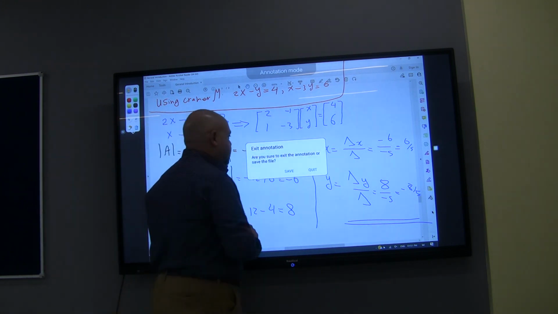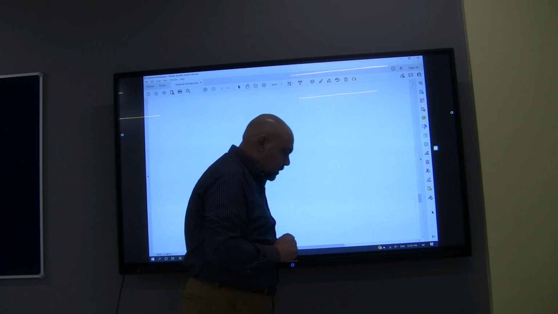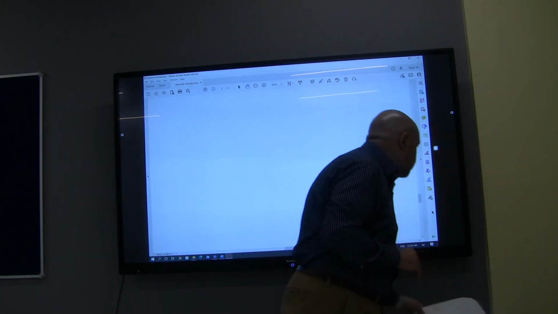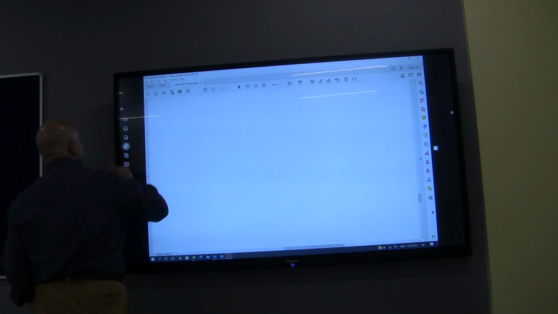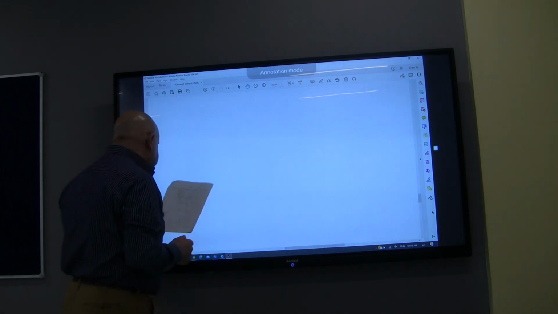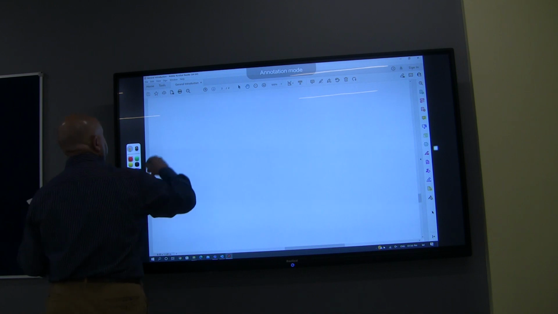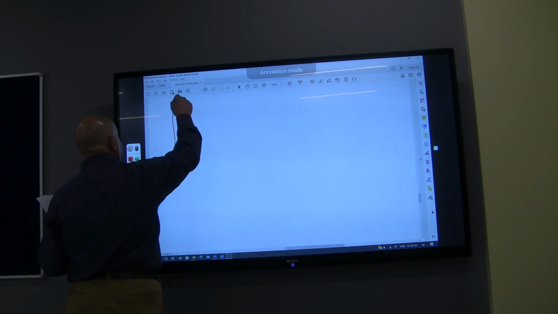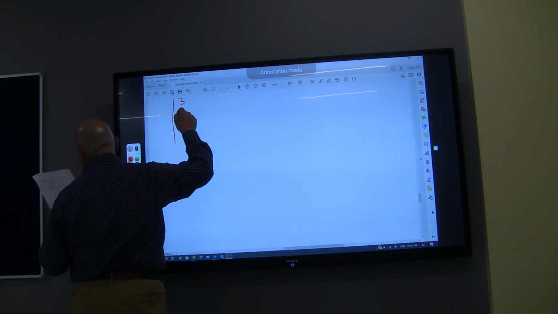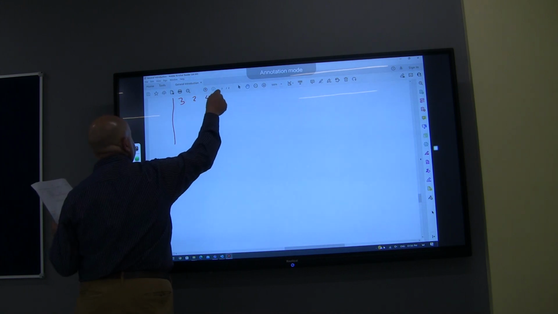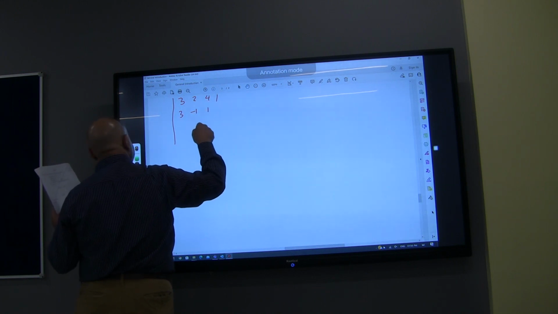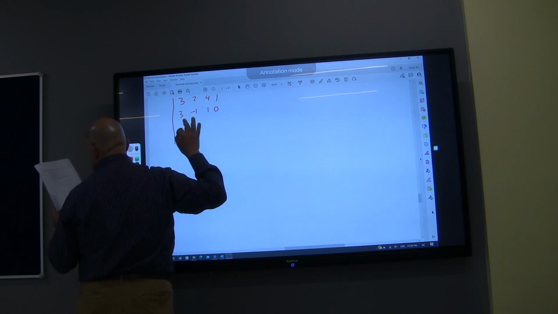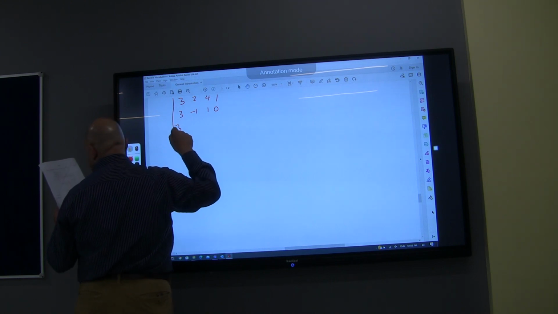Okay, let's flip this slide. The last thing I want to show you is a complicated determinant. Let's see, if I have something like this, I want to evaluate the value of this determinant. This is 3, negative 1, plus 1.